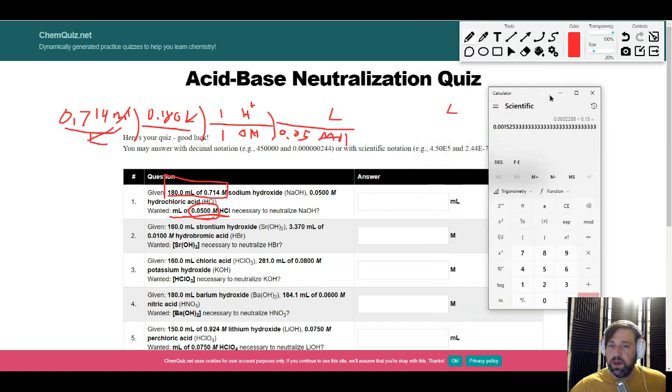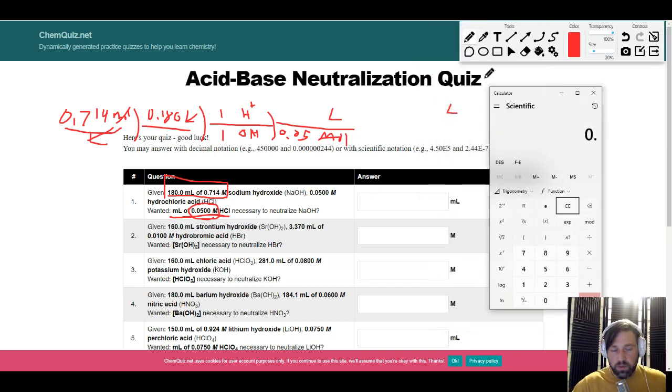So pull out my calculator. 0.714 moles times 0.18 liters, 1 to 1, and then divide by 0.05.